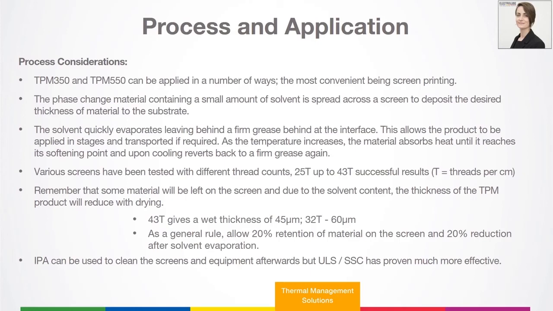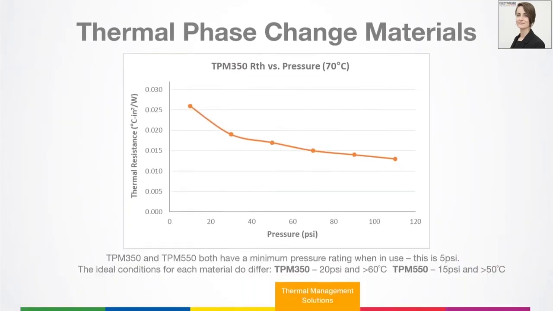Then, as the device powers on and off, you will go through the process that we've just looked at. In order to get the most out of your phase change material, we recommend that you do apply some pressure as well. So the minimum pressure rating is 5 psi, but ideally you're looking at around 20 psi for TPM 350 and 15 psi for TPM 550.